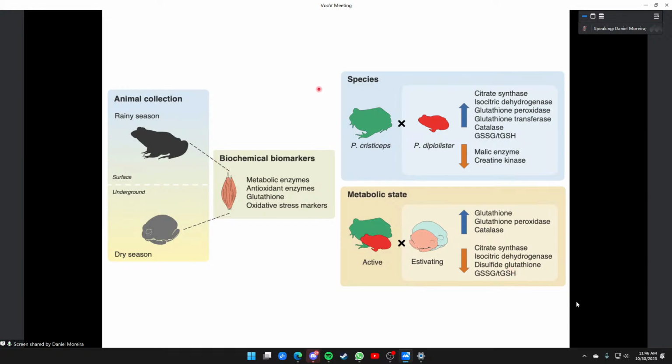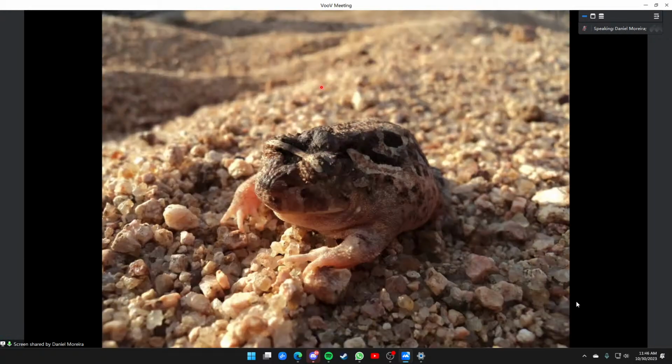Thus, going back to the question of whether preparation for oxidative stress happens under natural conditions, we confirmed this prediction. And that's it. I'm open for questions and discussions. I'll be happy to discuss with you.